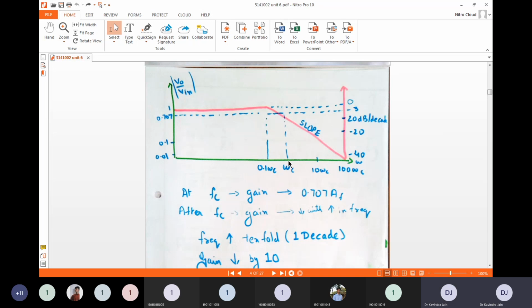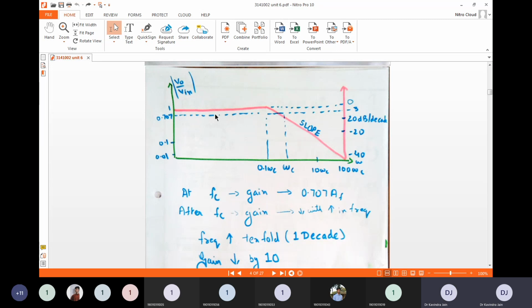Up till this point, or ideally this point, our V naught upon V in is a constant value. But once this point is reached, slowly we are seeing a decay, a decrease, a fall in our V naught upon V in value, and that fall is being recorded. So once the frequency is increasing tenfold, that is 1 decade, our gain is decreasing by 10.